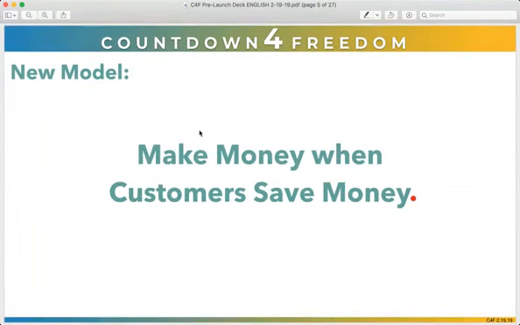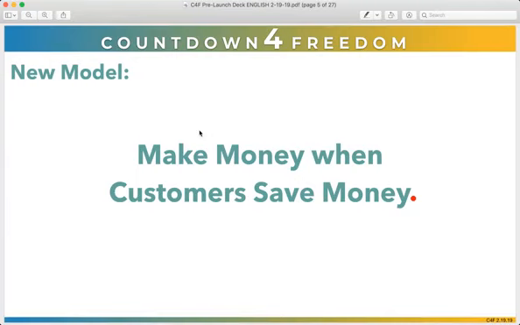What's the new model? And this seems so obvious, yet it's never been done. We earn money when consumers save money. Now, how is that even possible? You're about to see. I mean, you're going to actually see, but think about this model for customers. Let's face it, for many people, savings is the new earnings.